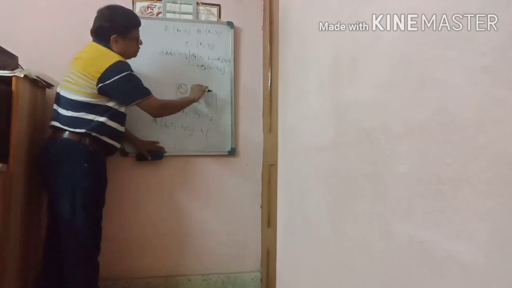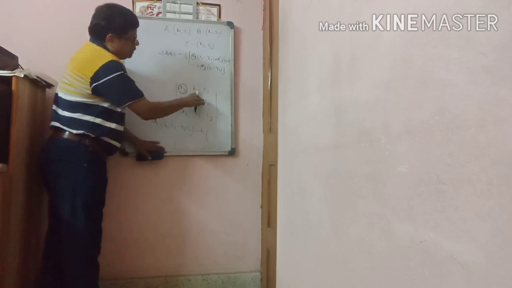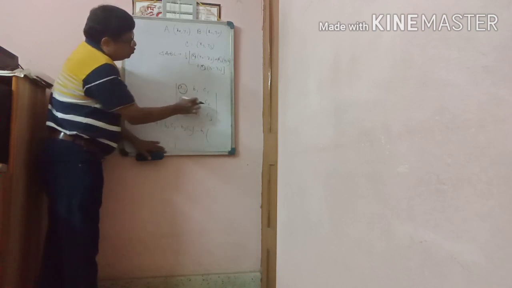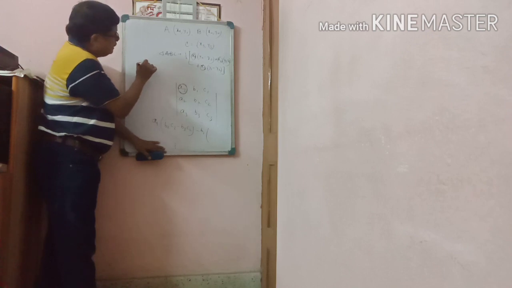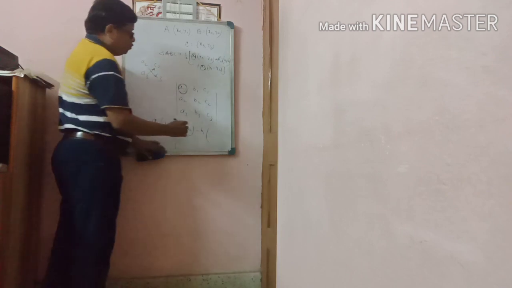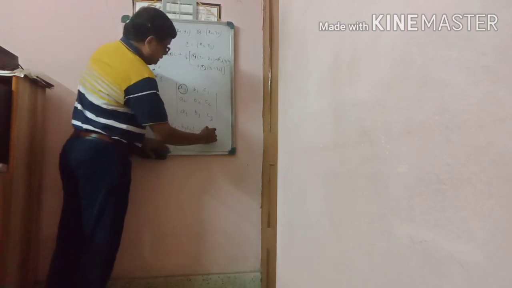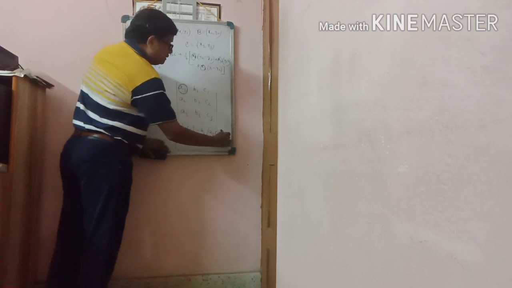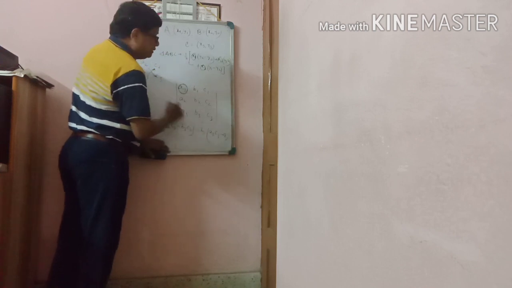If we remove this one and this part, a2 c2 a3 c3 is there, then multiply a2 c3 minus a3 c2.